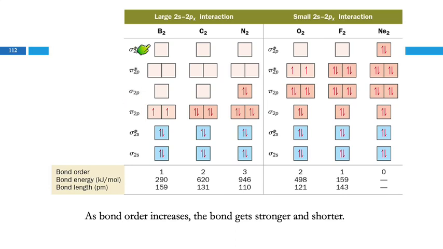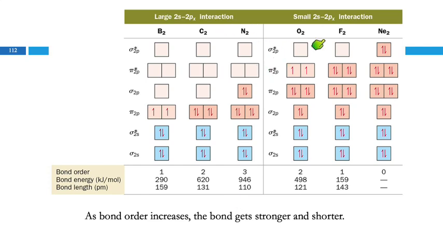But this is the be careful now arrangement where the pi bonding orbitals are lower in energy than the sigma. And here's nitrogen. And if we calculate the bond orders for these, they go 1, 2, and 3. And if we look at the bond energy, it increases because higher bond order, stronger bond. Stronger bonds are shorter bonds, and so we see that the bond length decreases.